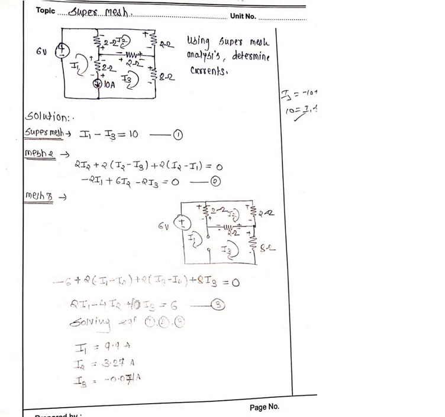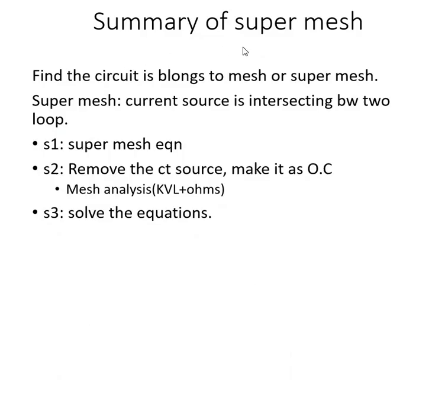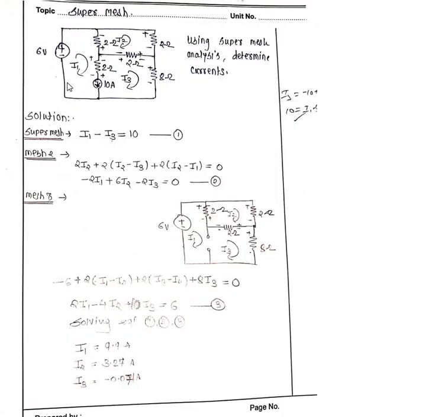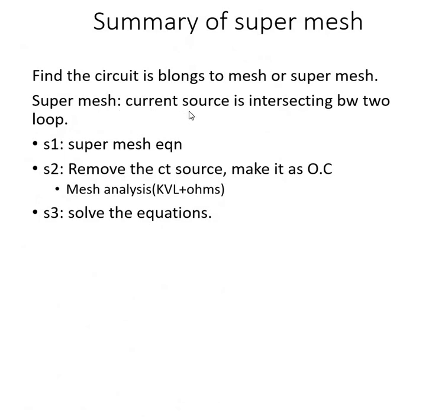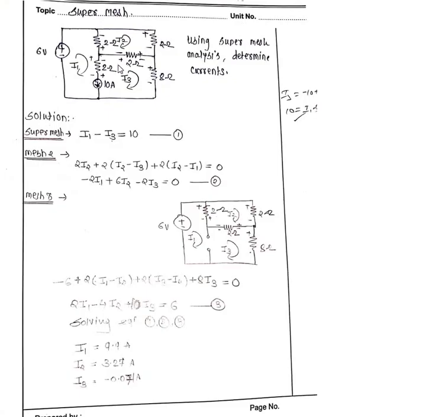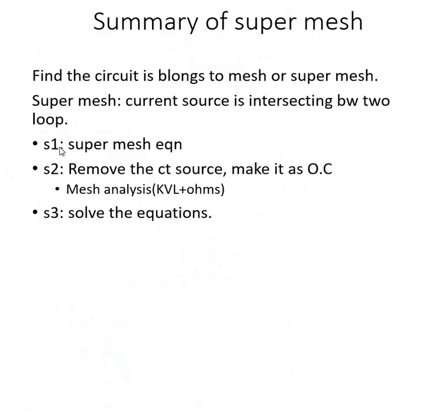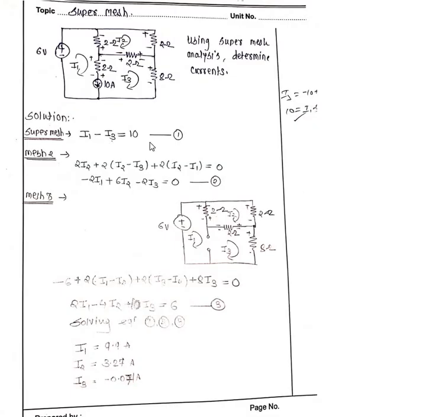Fine, that's all. Once again I will repeat the summary of the super mesh. First find out whether the circuit belongs to mesh or super mesh. If a current source is intersecting between the two loops, it is a super mesh. Step number 1, the super mesh equation: I1 is the follower, so I1 minus I3 is equal to 10.